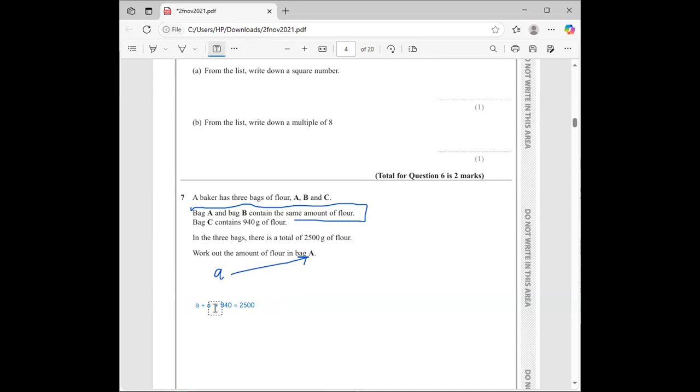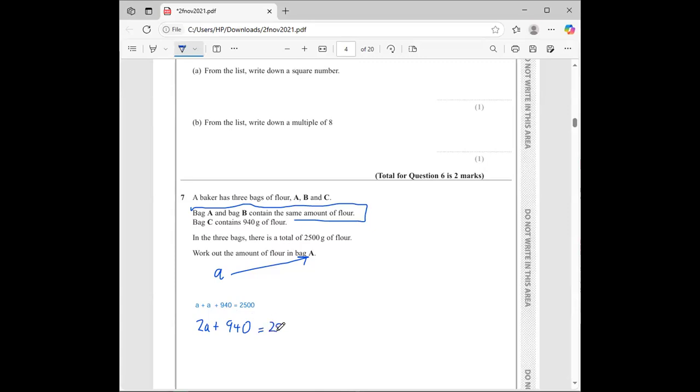Okay, good. So what does that mean? That means that A plus A is what? 2A, isn't it? 2A plus 940 equals 2,500.